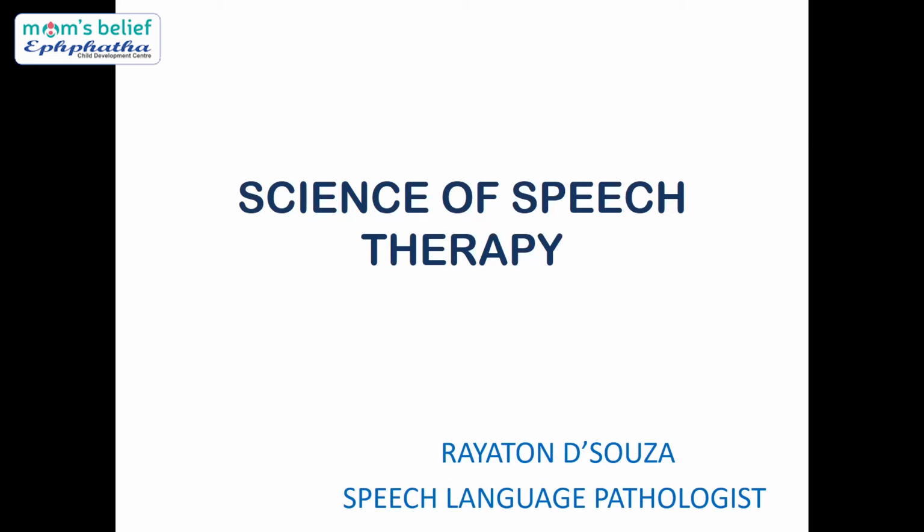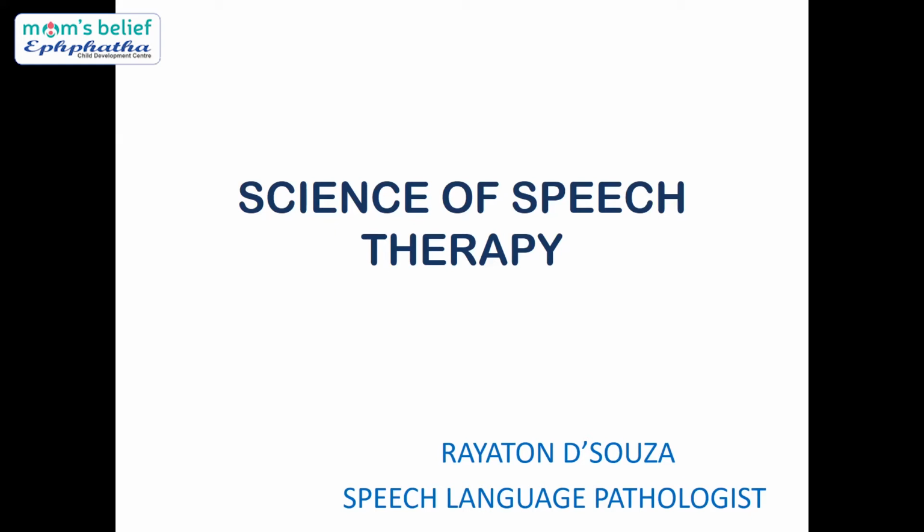Okay. So we'll start with the topic, that is the science of speech therapy. The wide idea is, what is science, and how does speech therapy overall work, how it is formed, and how exactly things happen when we get this therapy.